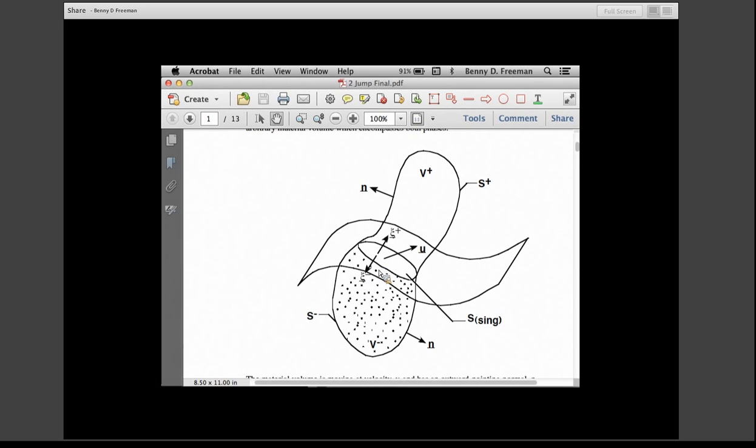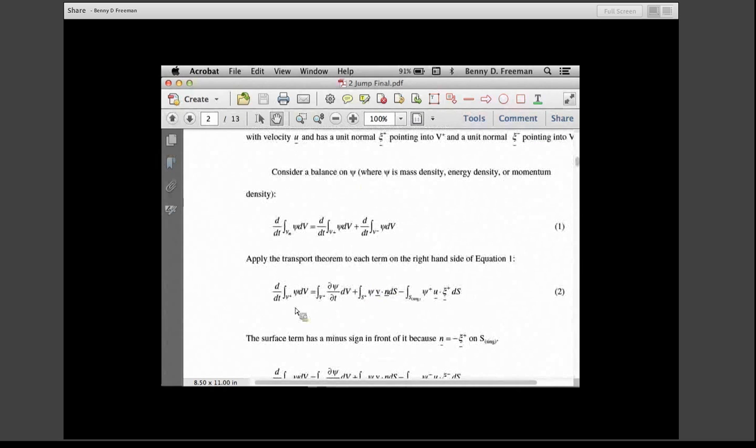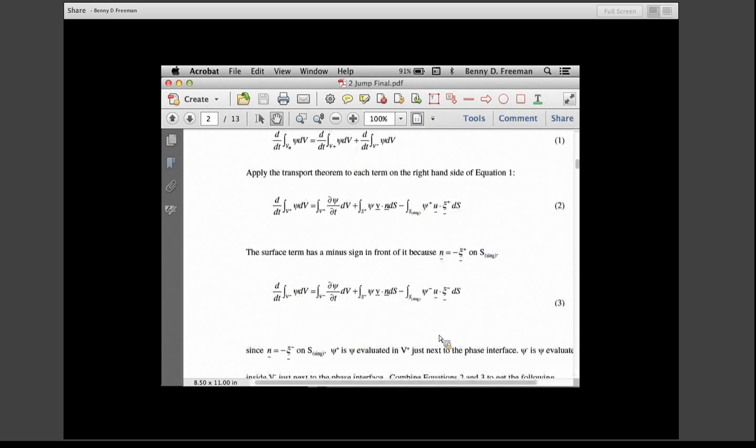Because they can be very different. And our first integration here only concerns what's going on in the plus phase or the gas phase, if you will, using this argument. We can apply the Reynolds transport theorem to the liquid phase or the minus phase and get essentially the same result.